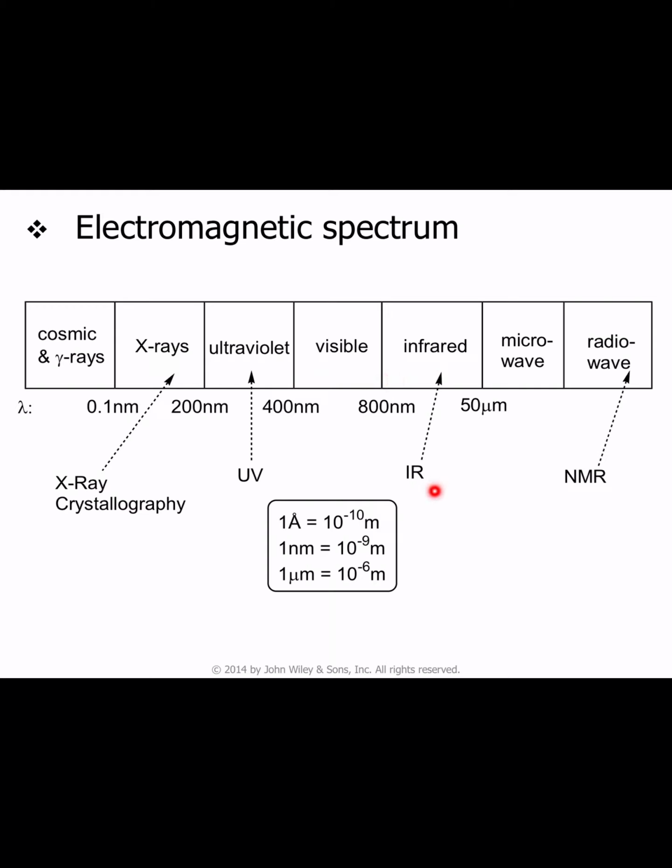In this region we can talk about infrared spectroscopy in the next chapter. And then we have microwave radiation and radio wave. Radio wave is a milder energy compared to the other ones. And in this area that has radio wave, we study nuclear magnetic resonance spectroscopy.